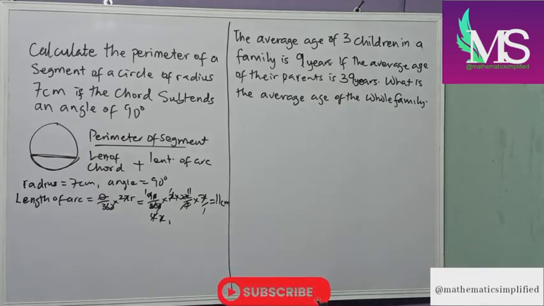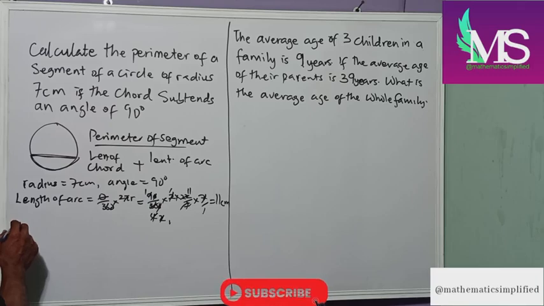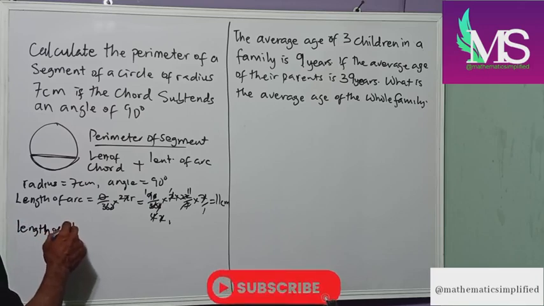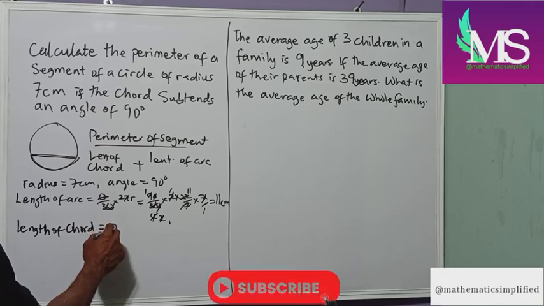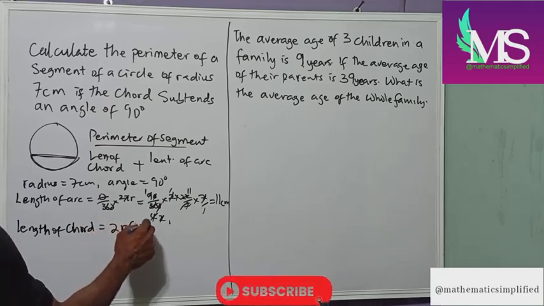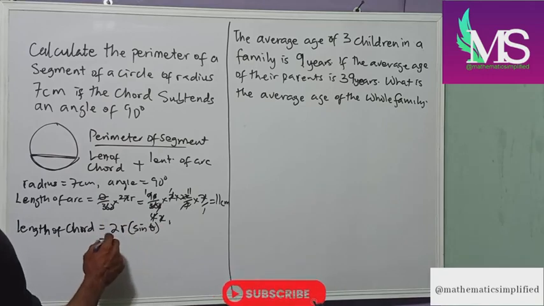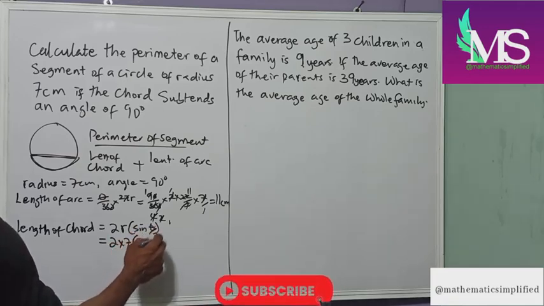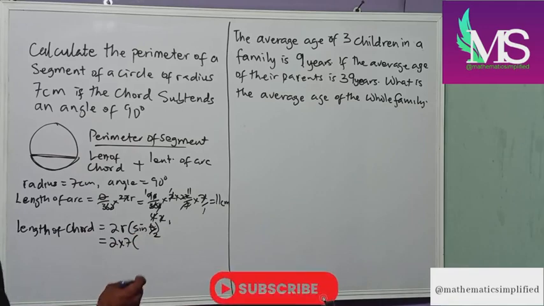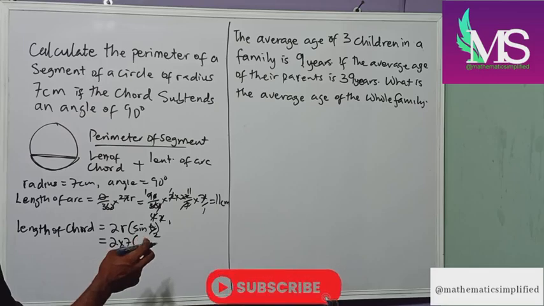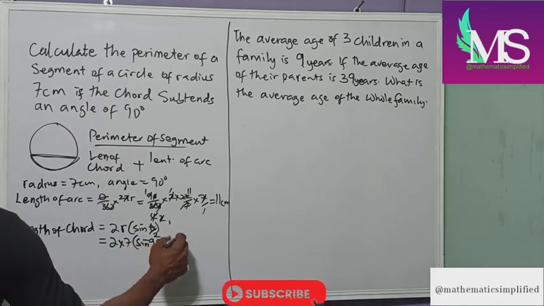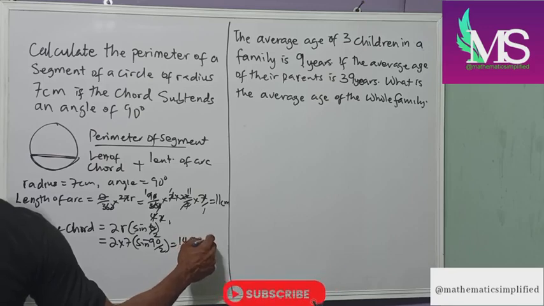Now, for us to calculate our length of chord, we'll be using 2r sine theta over 2, which is going to be 2 times 7 times sine 90 over 2, which gives us 14 sine 45.